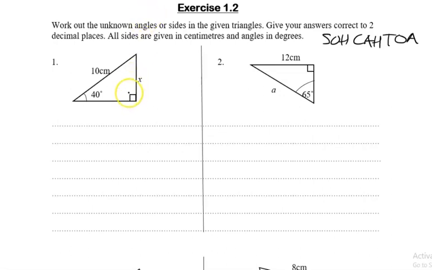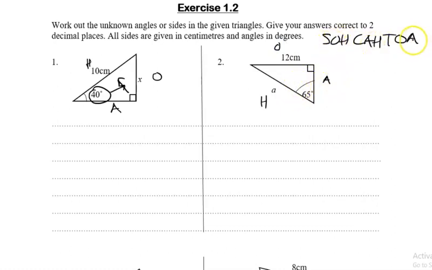So the hypotenuse is the side opposite the right angle, and opposite is the side, well, of course, opposite the angle that we're going to be using. And then finally, adjacent is the remaining side. So here, the hypotenuse would be this side, opposite would be this side, and adjacent would be this side here.